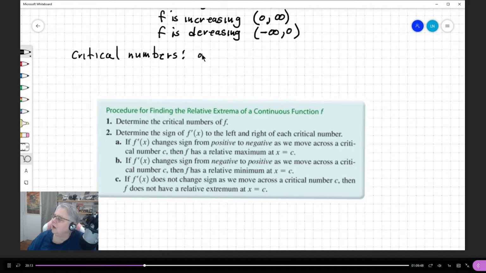All right, so critical numbers are any x values where f prime is equal to 0 or f prime is not defined.